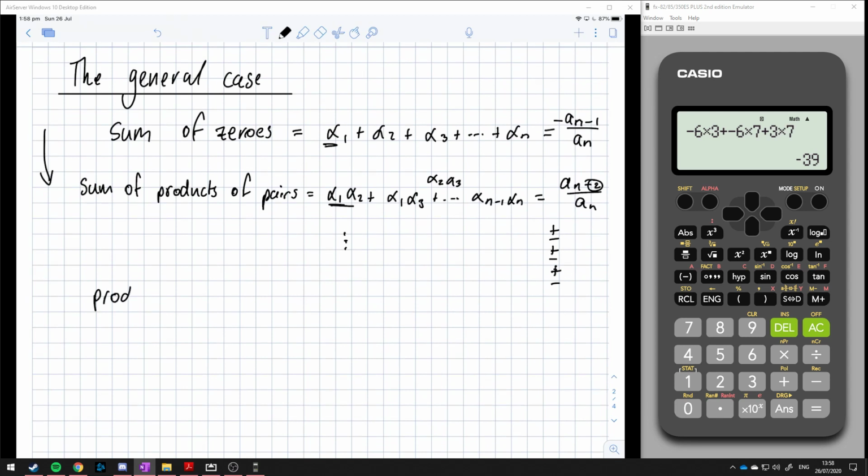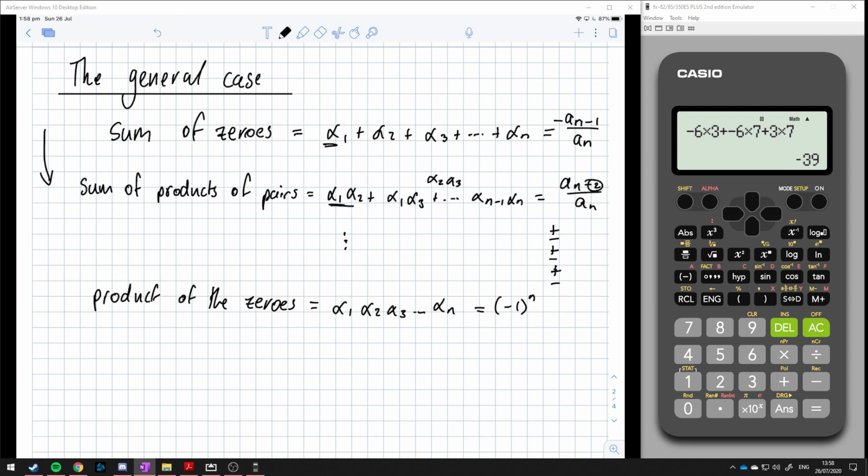So the product of the zeros is equal to alpha 1, alpha 2, alpha 3, and so on, times alpha n, which is equal to minus 1 to the power of n. Depending on how many zeros you have, if it's an even number, then this minus 1 will turn into 1.